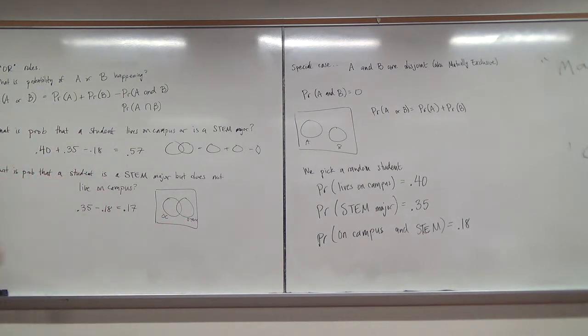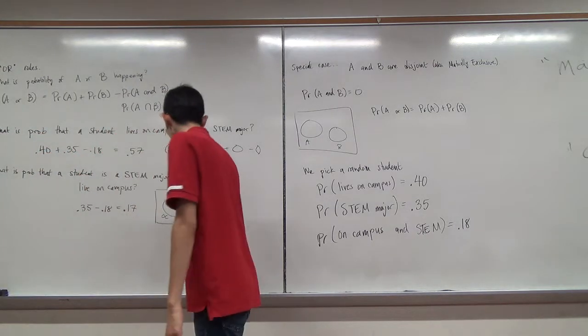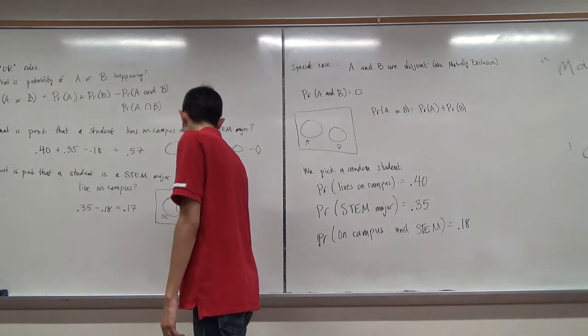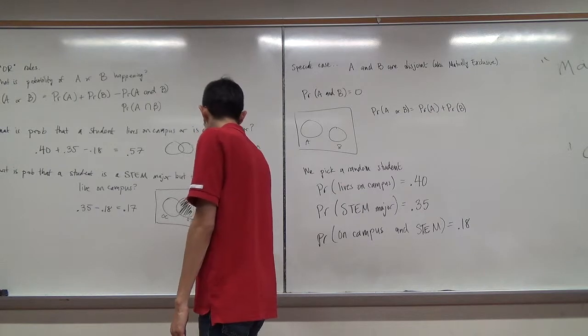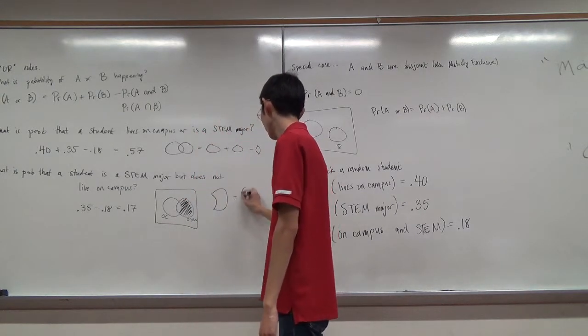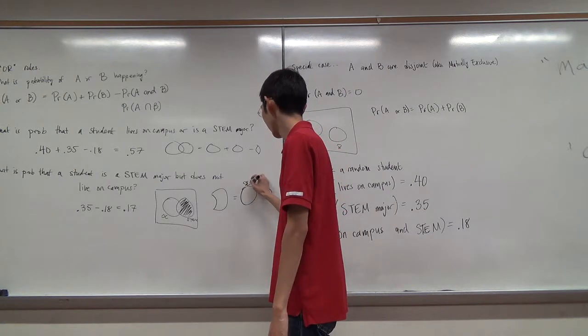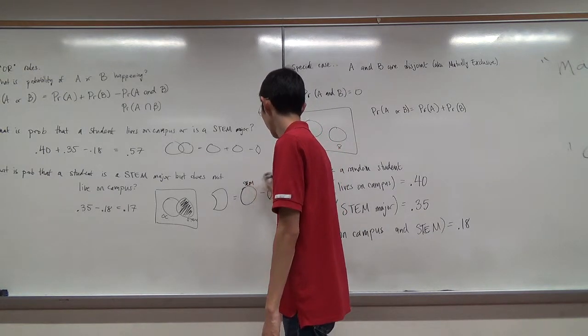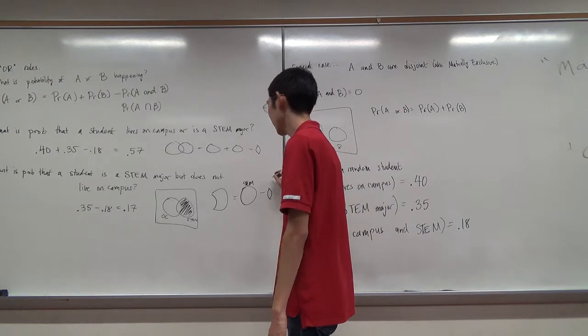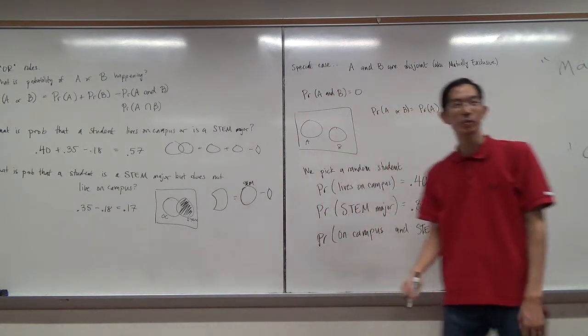We want a STEM major who does not live on campus, so we only want this part. So this is going to be equal to this minus this piece, minus the overlap.